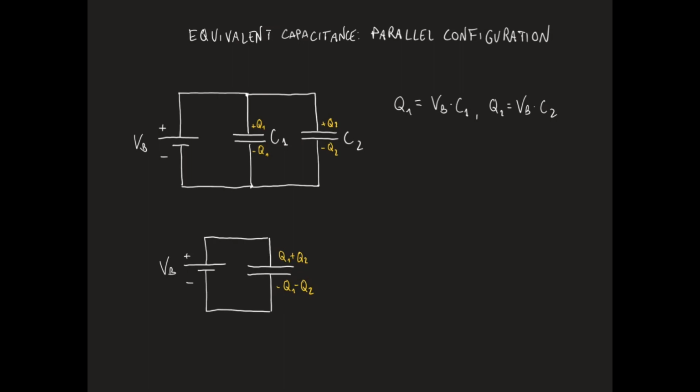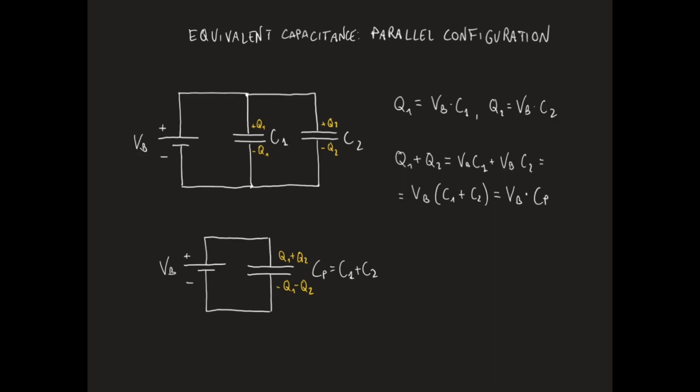Now, Q1 plus Q2 is equal to VB C1 plus VB C2, or VB times C1 plus C2, which we can rewrite as VB times CP, where CP is equal to C1 plus C2.